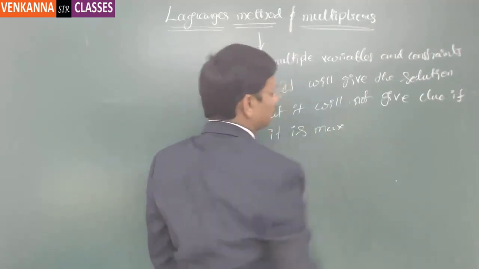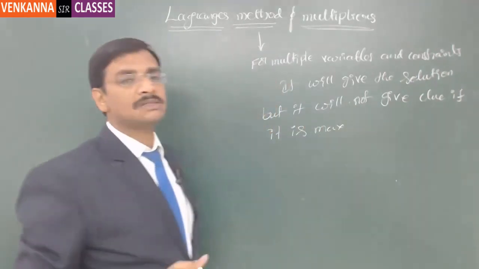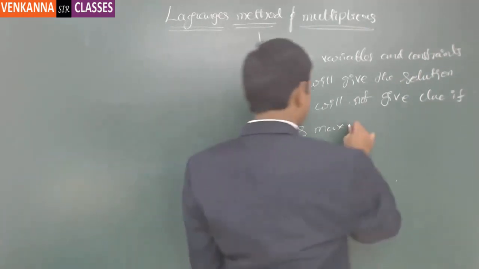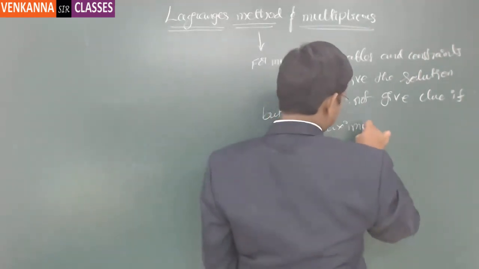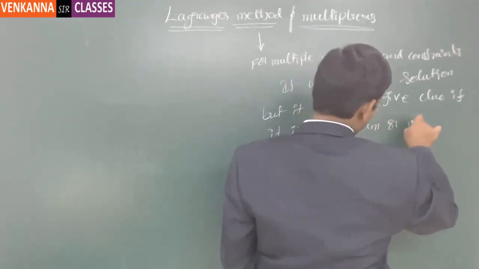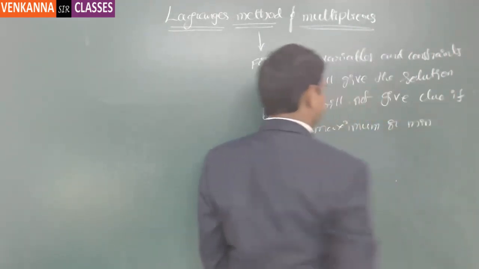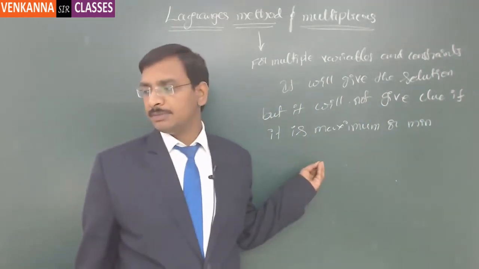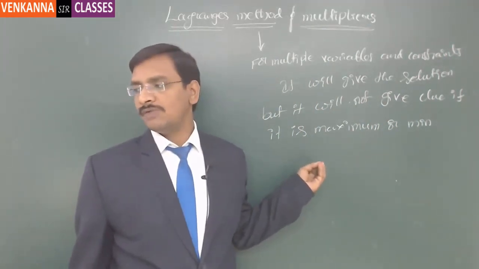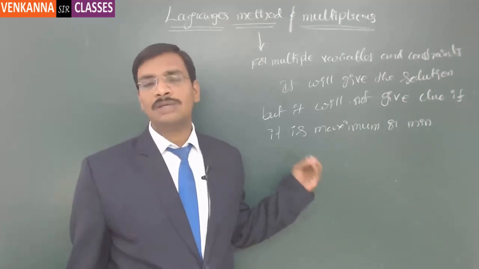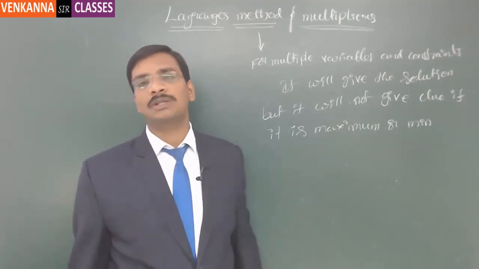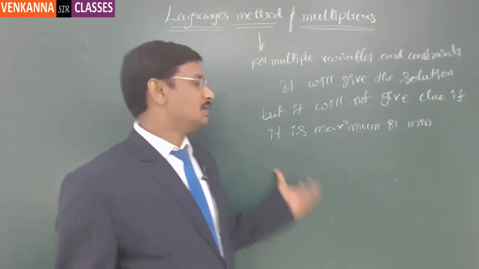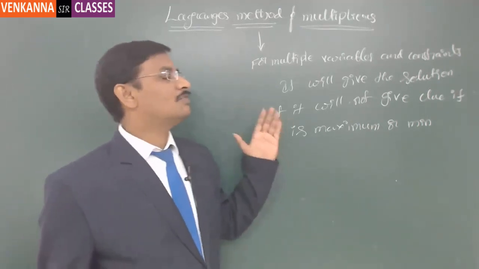You have to identify, based on the physical situation, whether it is a maximum or minimum. So this is a limitation, but it's not a very great limitation, because you will be able to identify whether it is a maximum or minimum based on the physical scenario described in the problem statement. So this has the greatest advantage, that is Lagrange's method of multipliers.